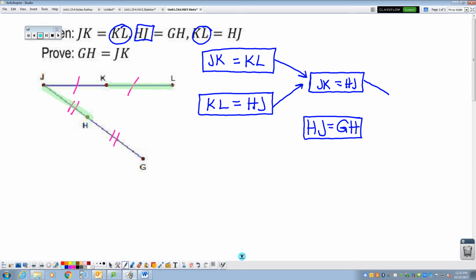When I bring these two boxes together, I'm able to make a conclusion that JK is equal to GH. And that is what they asked us to prove. I know that they had it reversed, but we're good. We have proved those statements. We don't have to flip it using the symmetric property unless you really wanted to. Now you need to go back and fill in all the appropriate reasons, but that is proof 1.